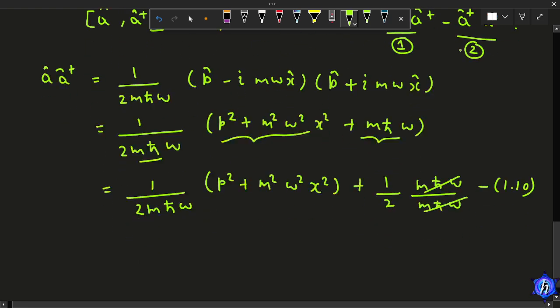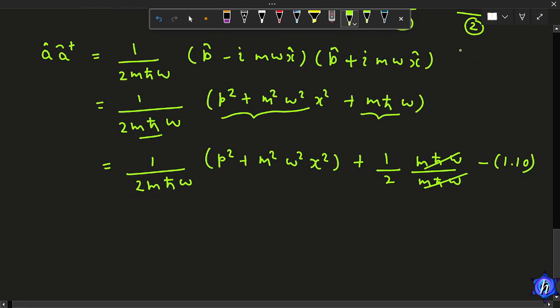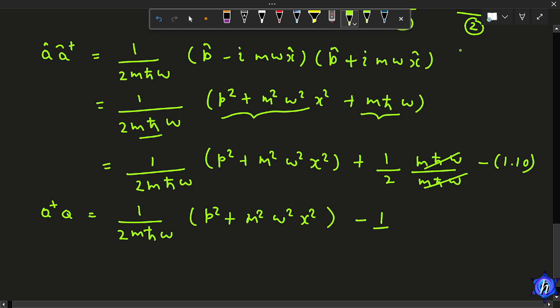If we do the same thing, just repeating the same algebra, for A dagger A, we'll find this to be equal to 1 over 2m h cross omega times (p squared plus m squared omega squared x squared) minus half. This is my equation 1.11.